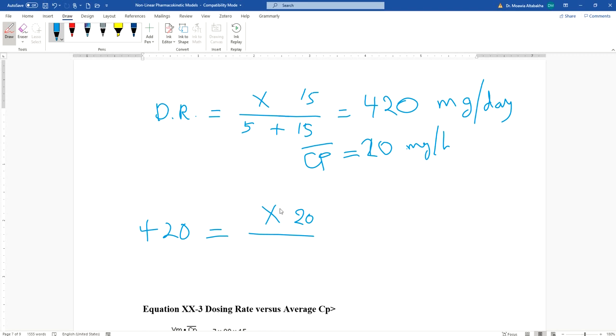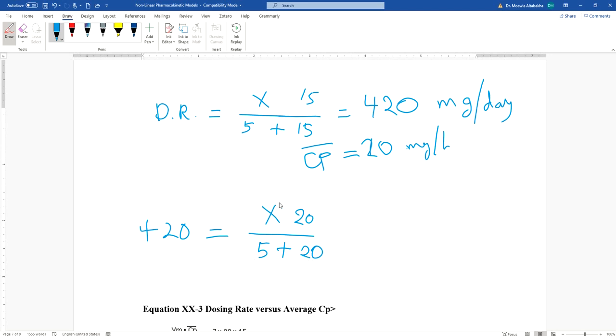So I will assume that it is X, then divided by Km, which I assume remains the same. As I told you, I do this because most of the time it's VM that differs from one patient to another. So 5, which is Km, plus now 20, which is the average that I got.